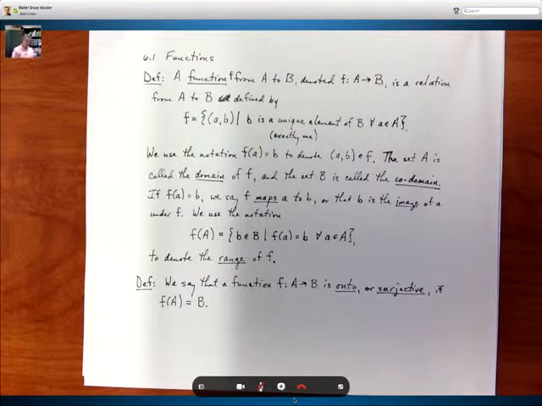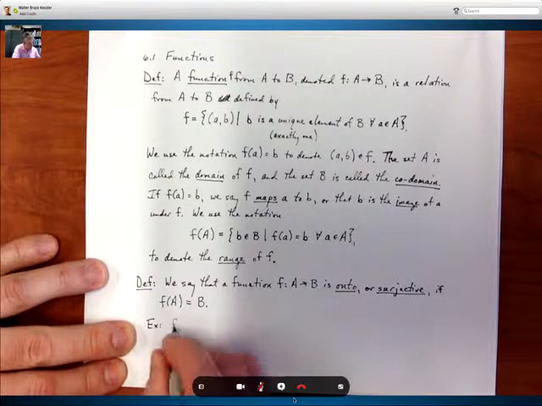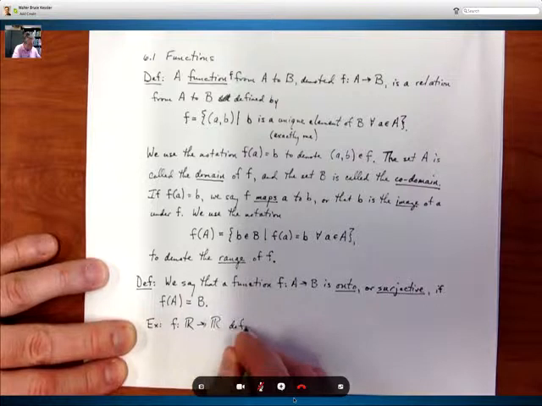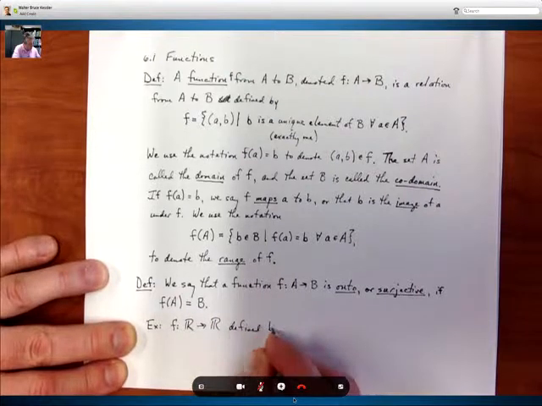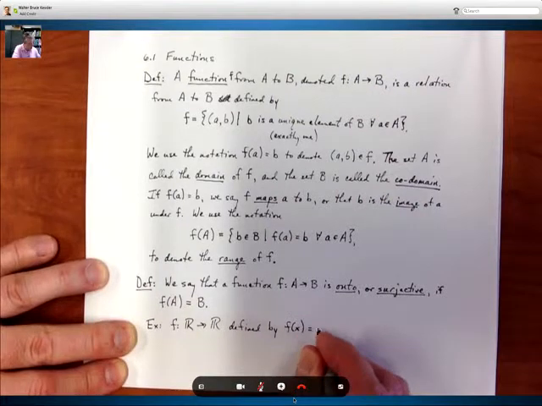If you want a kind of cool example of an onto function, think about the function from the reals to the reals defined by f of x equals x cubed.